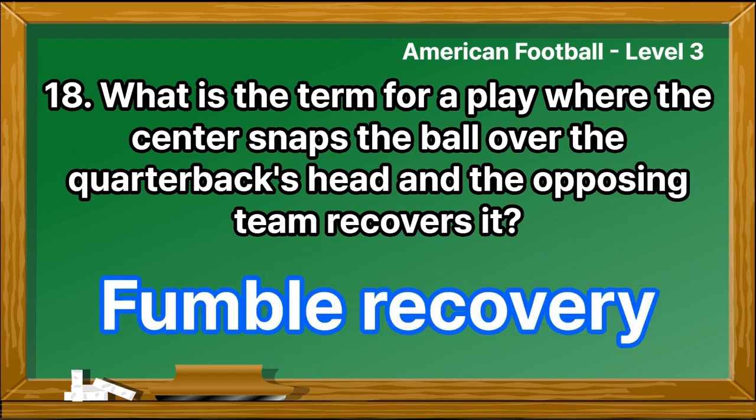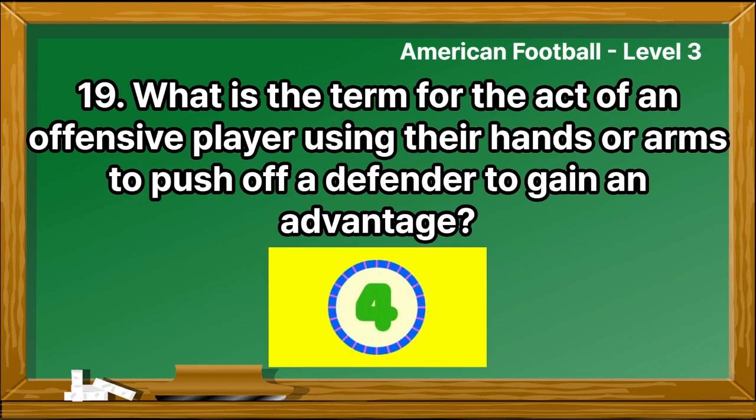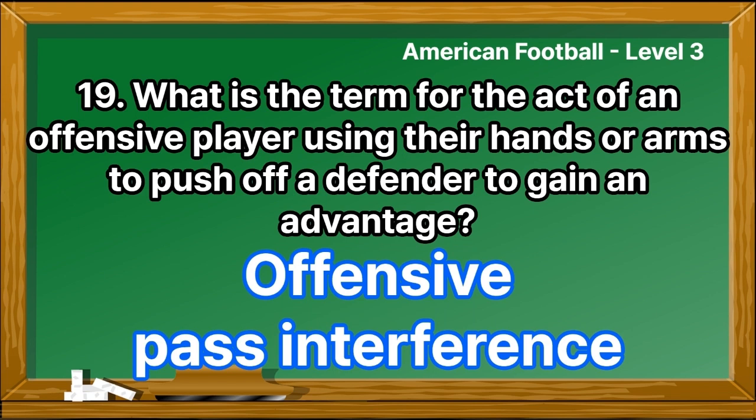Fumble recovery. What is the term for the act of an offensive player using their hands or arms to push off a defender to gain an advantage? Offensive pass interference.